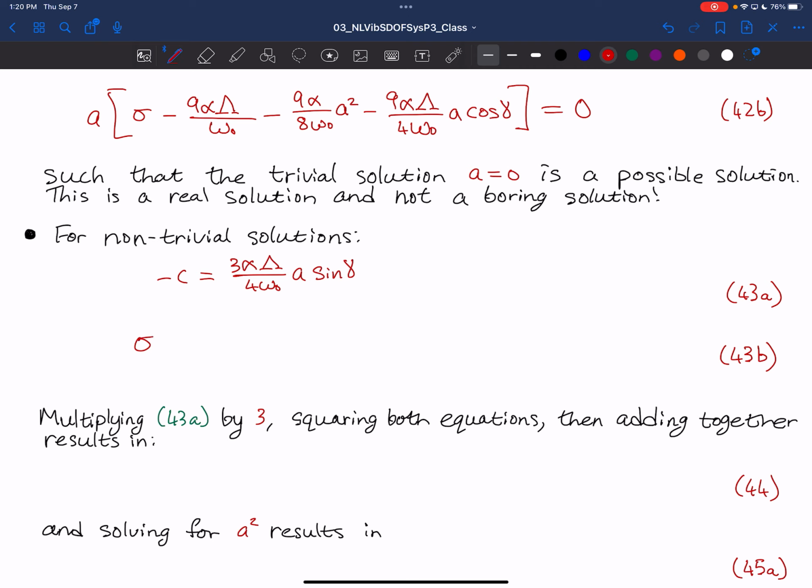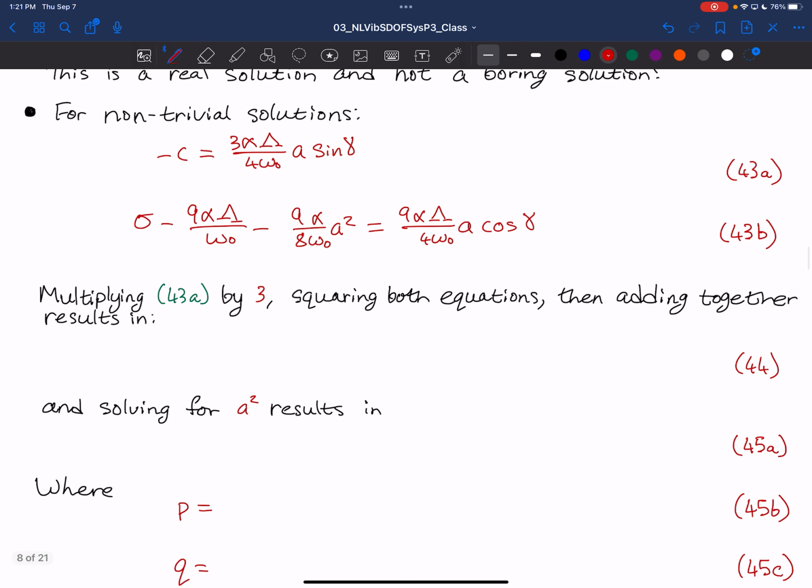And then the second equation is sigma minus 9 alpha lambda over omega 0 minus 9 alpha over 8 omega 0 times a squared, well, in this case now it's equal to 9 alpha lambda over 4 omega 0 times a cosine gamma. And we've just taken what was in the square bracket and the parentheses down, and then moved the trig functions onto the right-hand side.